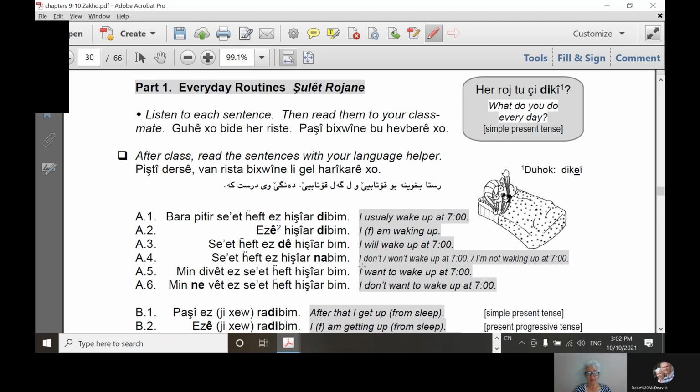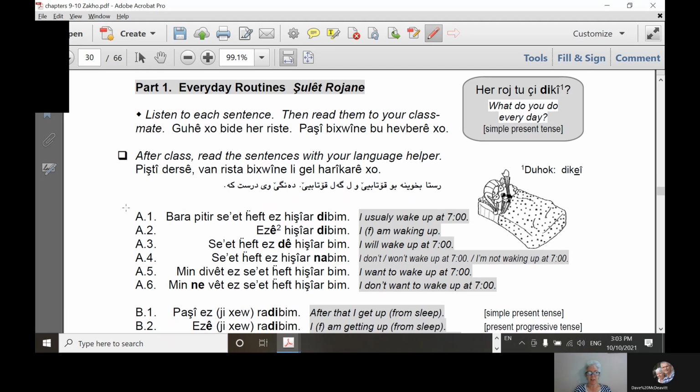Then also the negative of that, I don't or won't, or I'm not waking up. That's all one mode in Kurdish. And then we have modals such as I want to wake up, and the negative of that, I don't want to wake up. So you see here several examples using everyday routines as the topic.